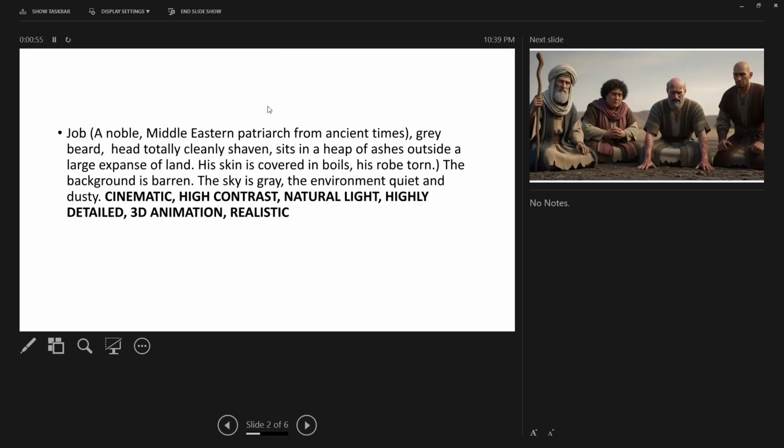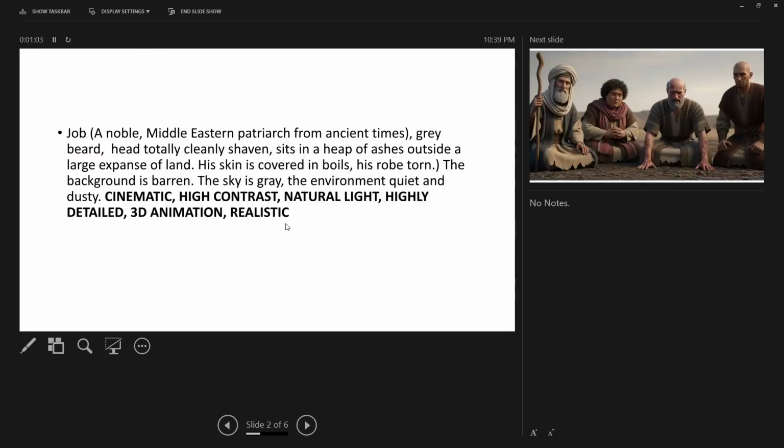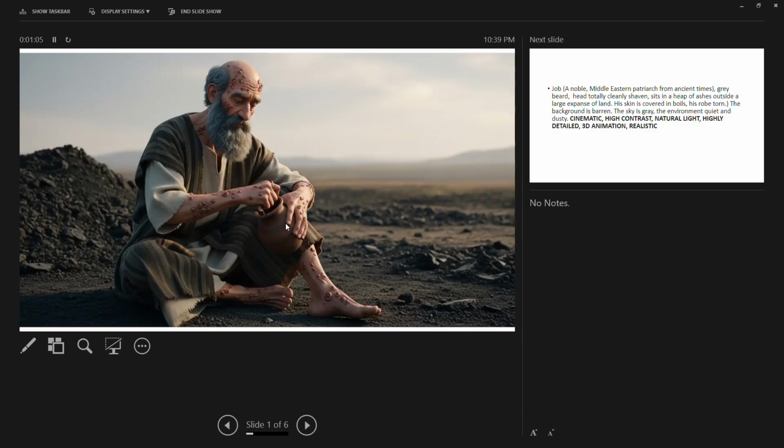You can see his hands, his head, every part of his body. This will scare any child. So this is a more realistic picture. This kind of picture is meant for matured audiences.